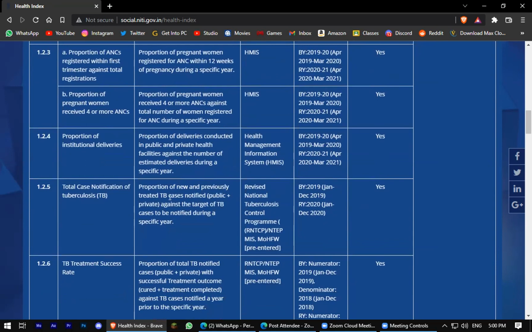Proportion of new and previously treated TB cases notified against the target of TB cases to be notified during a specific year. Every year we are going with a target number of TB cases to be taken care of.